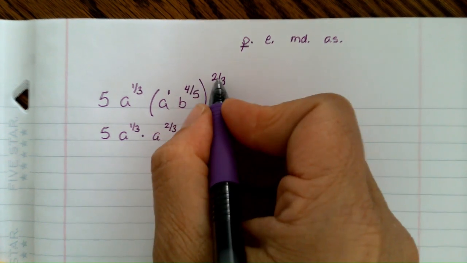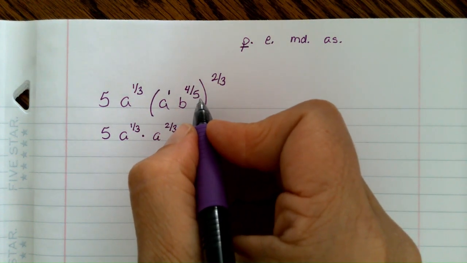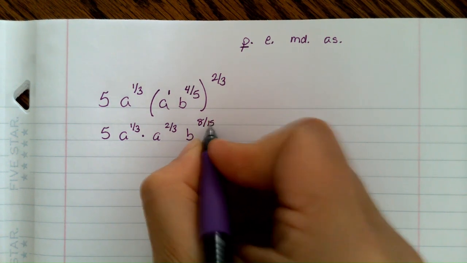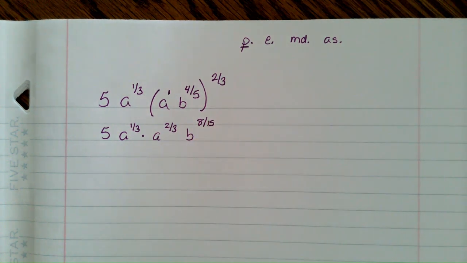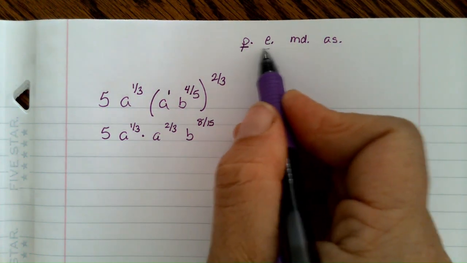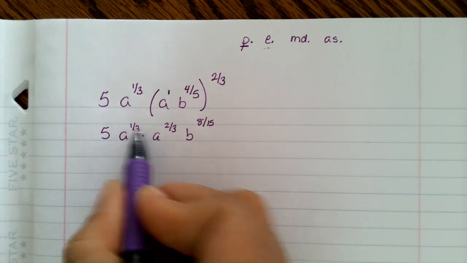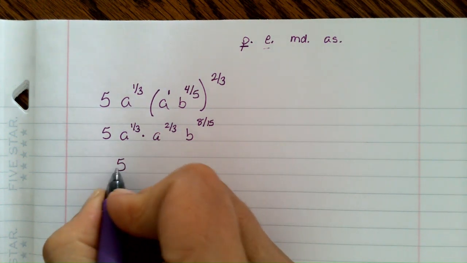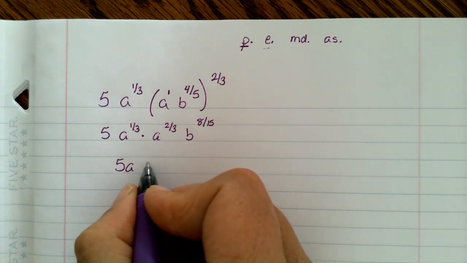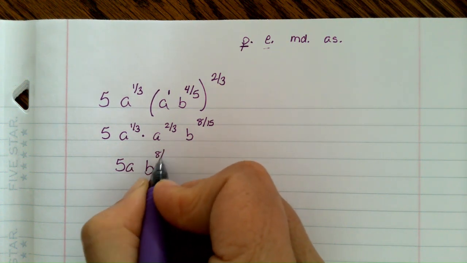And 4/5 times 2/3, multiply the top, multiply the bottom, right? b to the 8/15. So now I can take care of my exponents. Since I have common bases, I can add those powers. 2/3 and 1/3 add to a whole, so I don't have to write anything down. And I'll have b to the 8/15.